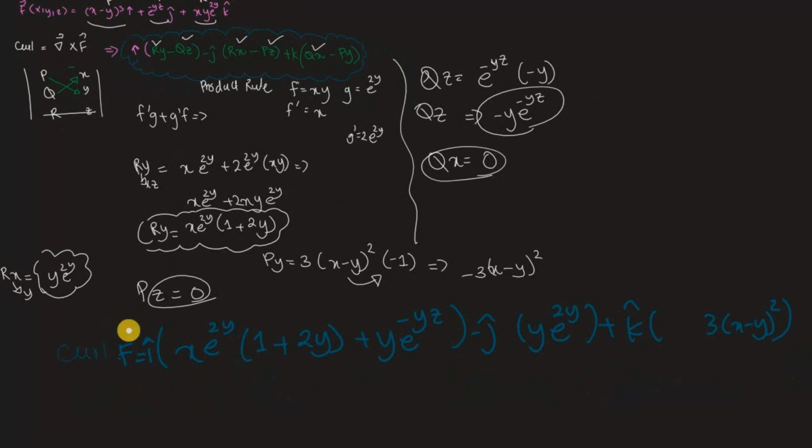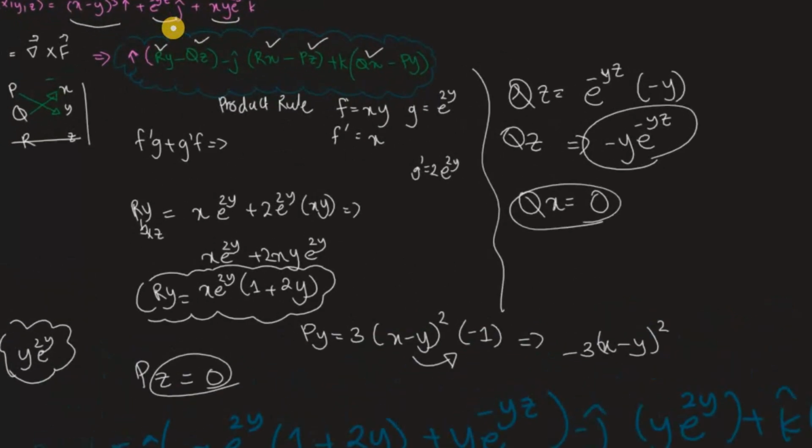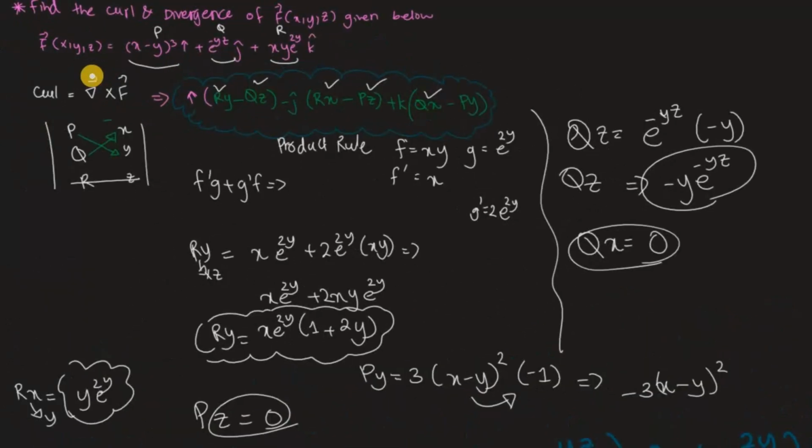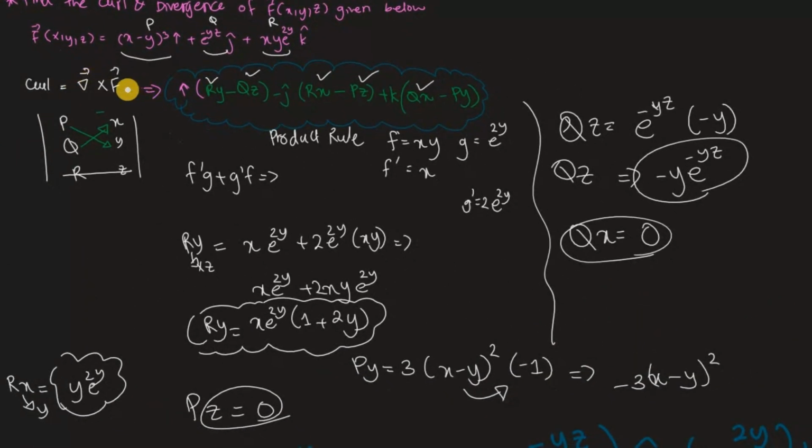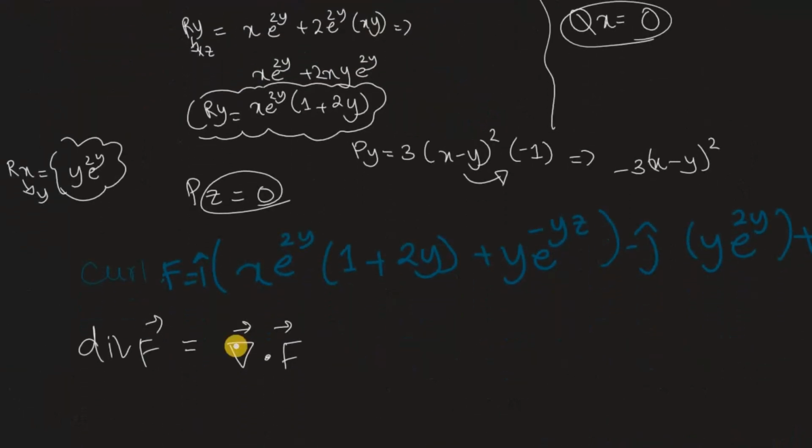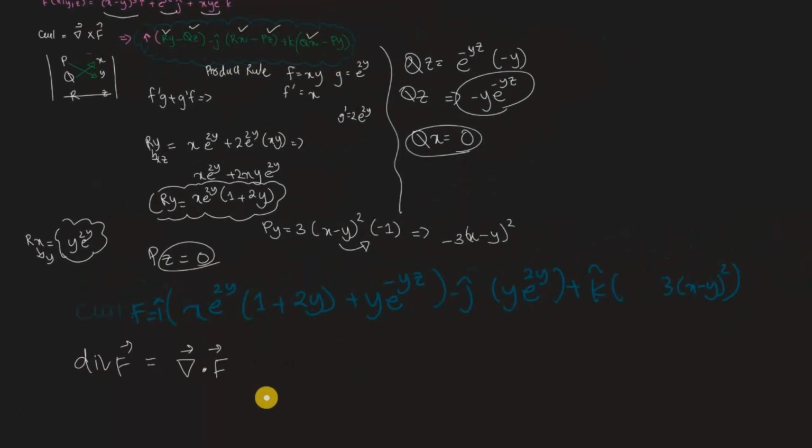Okay, and for the divergence of f, like I explained in my previous video, you have to dot product the gradient with the f function. And the f function is in here, the p, q, and r one, right? I wrote at the top, the p, q, r. Here, for the curl, you have to cross product it, and here you have to dot product.